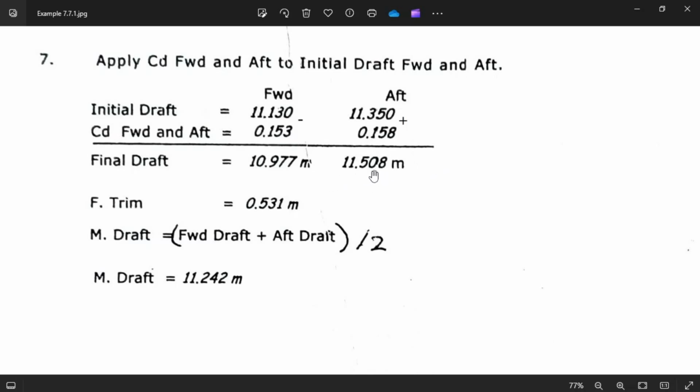You deduct 11.508 minus 10.977, then your final trim will be 0.531. And to get the mean draft, add the forward draft to the aft draft, then divide it by 2, then you have a mean draft of 11.242. So we check this, guys.